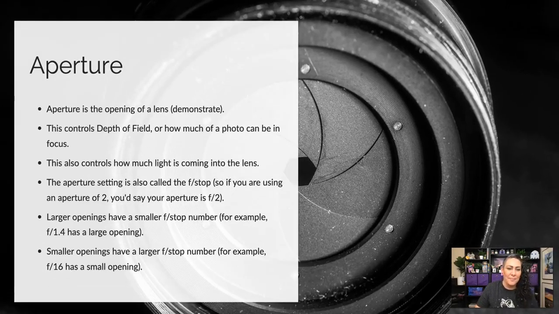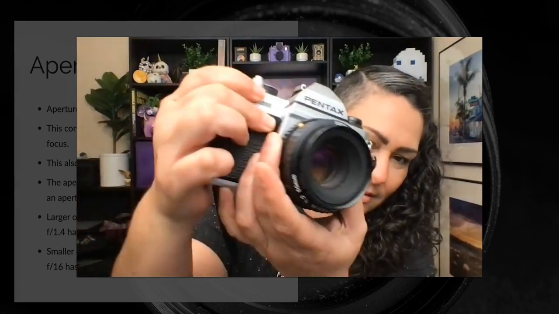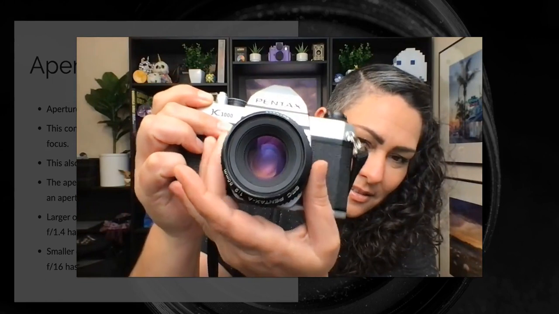All right, so aperture. Aperture is the opening of a lens. So I've got my trusty Pentax K1000 here. It's one of the first cameras that I owned, and I'm going to show you. So let's get really close up in here. Okay, so here we go.